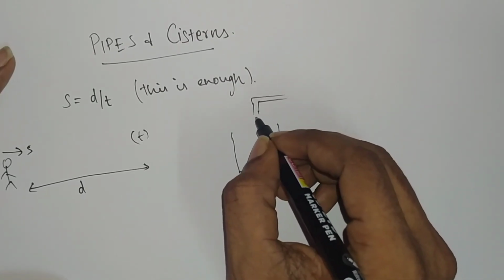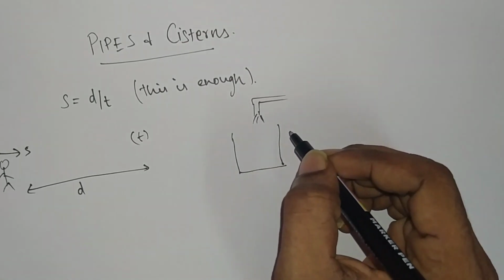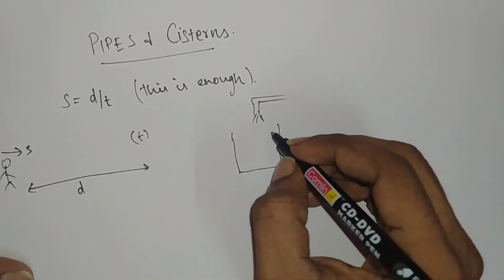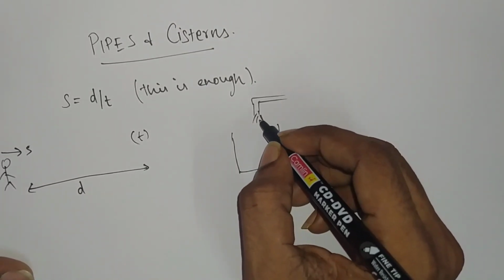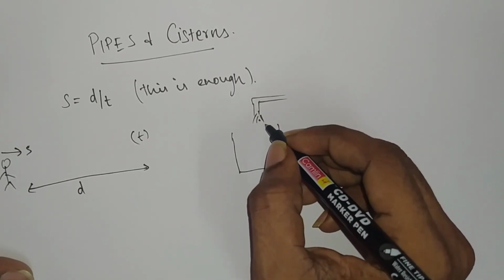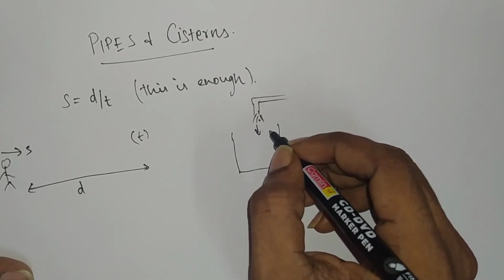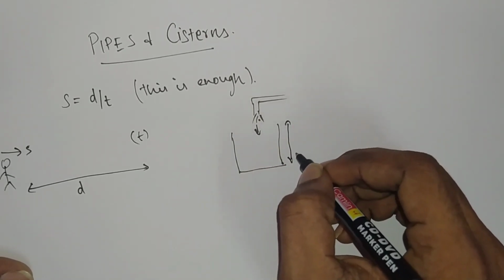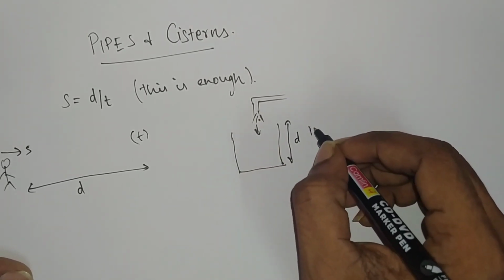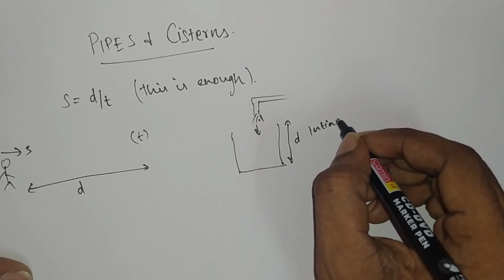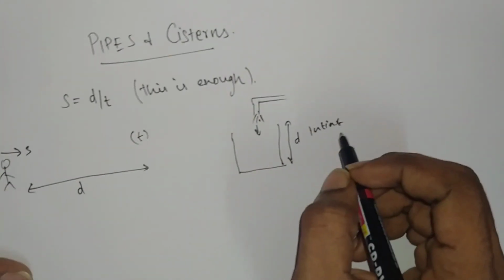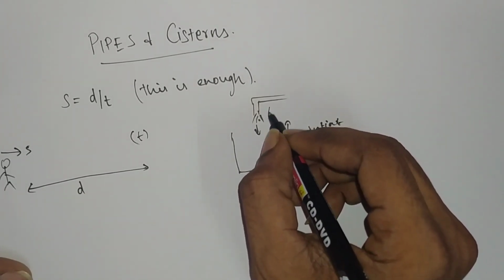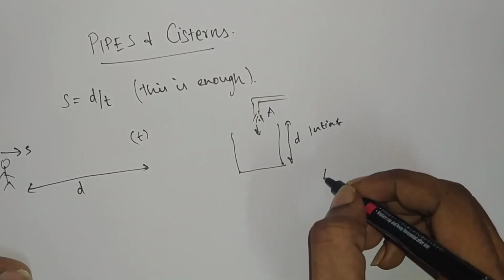Here the water flowing through the pipe will act as speed. The distance is going to be the full content of the cistern.